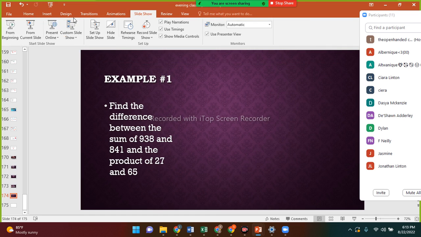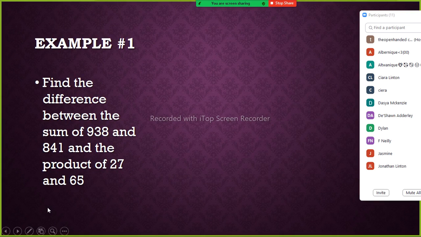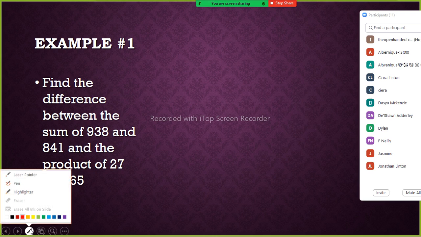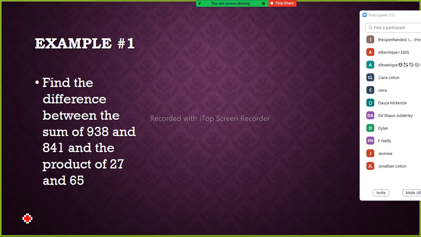So for this one, they want us to find the difference between the sum of 938 and 841 and the product of 27 and 65. Here we have to be very careful. We see sum. When we see sum, what should we be thinking, Albernique?